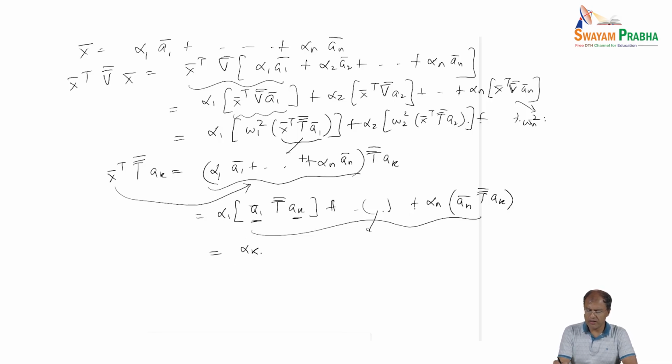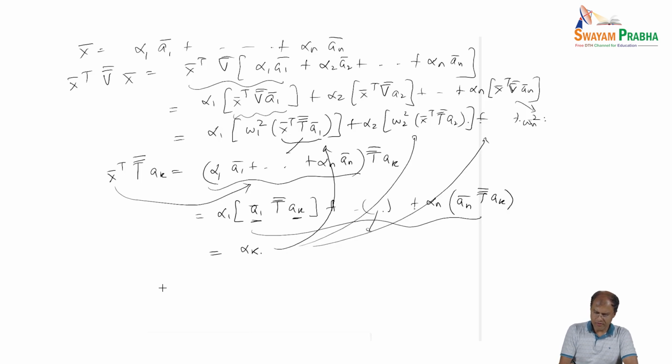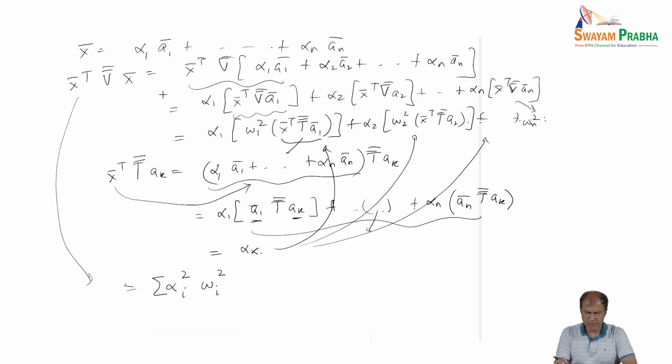So now we can substitute these results for the various factors, and we see that x transpose Vx is nothing but the summation of alpha i square omega i square. So that is my x transpose Vx.